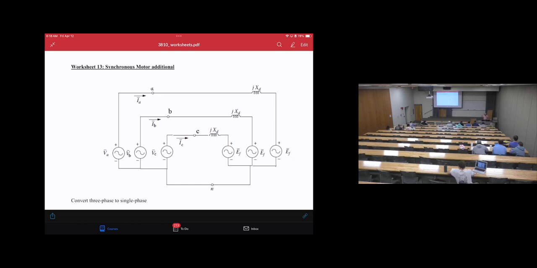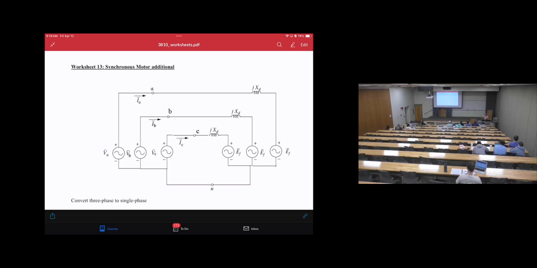We assumed strong grid by removing RG, XG. We assume the resistance of the motor, assuming the motor is well designed. Then the resistance of the motor has been neglected. Then the only element left is the EF, electromotive force, and XD, which is the impedance, or which is the inductance of the motor. Then we have V grid.